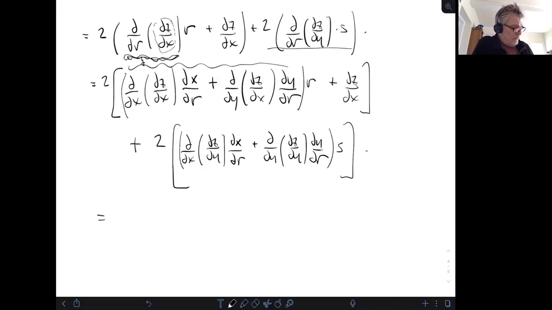Last thing that you want to do is just rewrite it properly. Okay, so let's take a look at what this is. This is the second partial derivative with respect to x, so twice. So I'm just going to rewrite that in the usual way. So this is del 2z del x2. Del x del r we computed earlier.